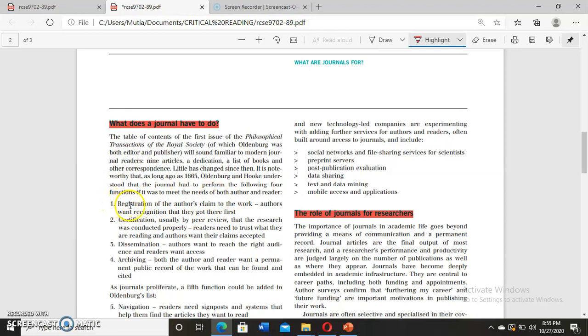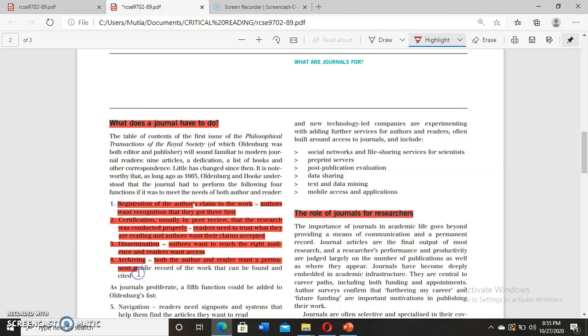I just block the answer because the time is not enough to write. Number 1, registration of the author's claim to work; certification, usually by peer review; dissemination; and archiving. And this is the function of journal research. Okay, I block this sentence.